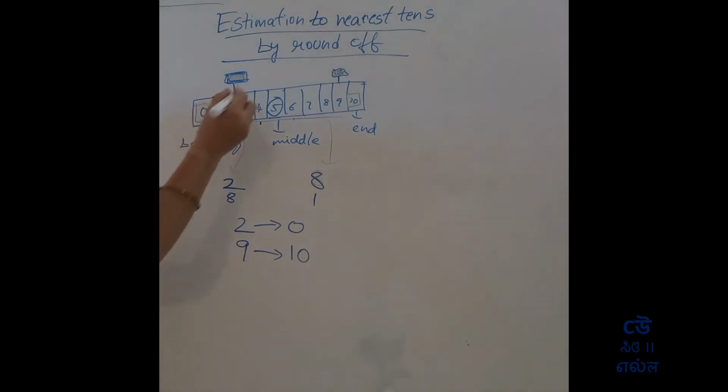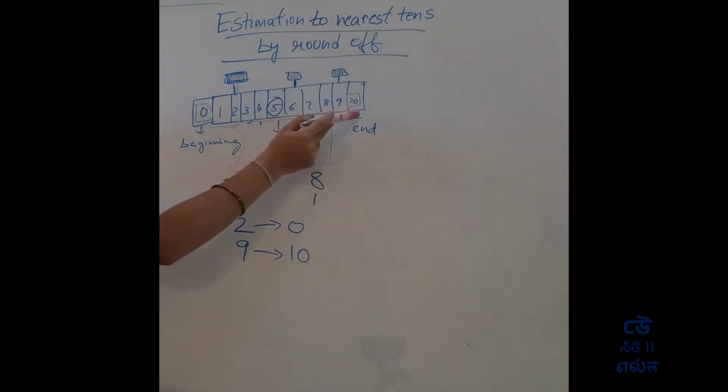Next, I'll take one more example, that is 6. Okay. 6. Next position is 6. So for 6, from the beginning you have to count. From the right hand side you count how many positions far it is. 1, 2, 3, 4, 5, 6. 6 positions far.